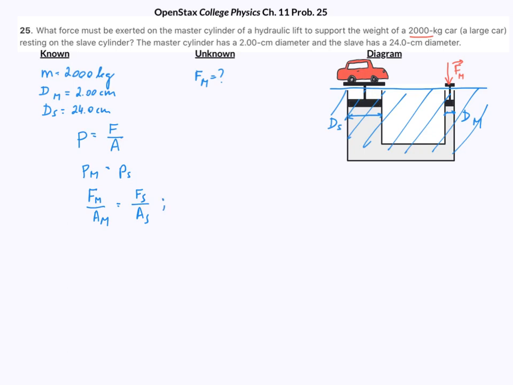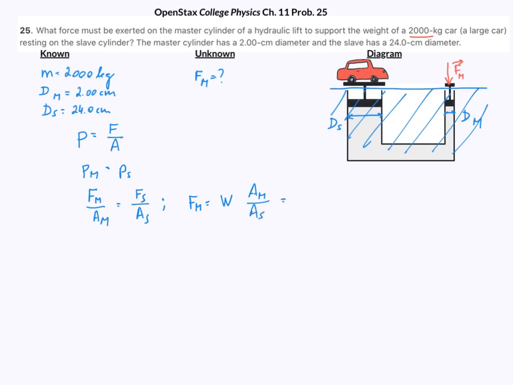So force master is what we're looking for. So F master is F slave, which is just the weight of the car, W times area master divided by area slave.